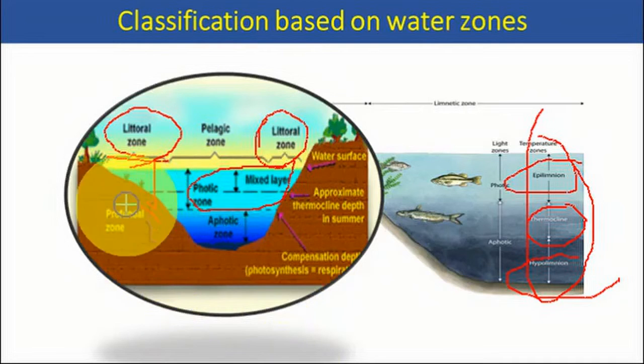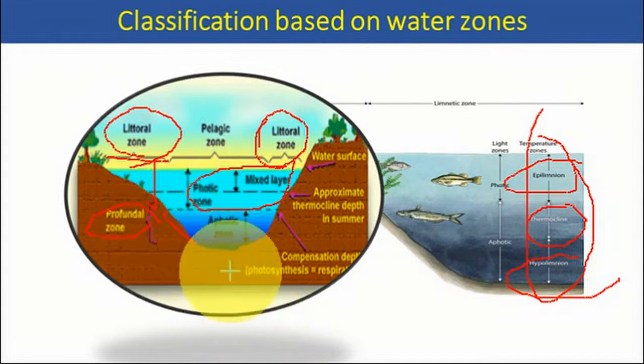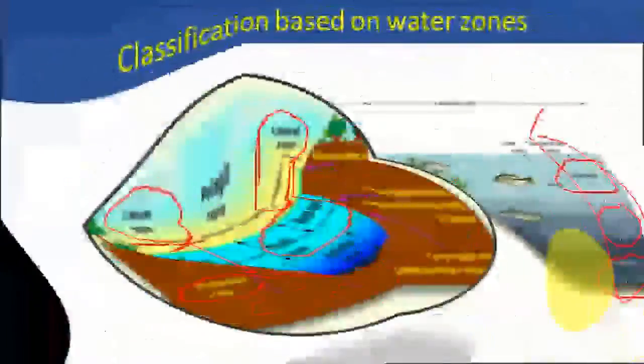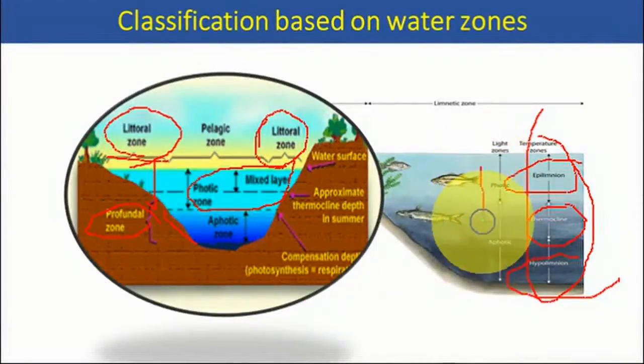And also profoundal zone, which is the deep part of the water body, or you can say the aphotic area of the water body. Then you can have two basic zones, which are photic and aphotic zones, that is where the light can penetrate, and in another zone, aphotic zone, light cannot penetrate.